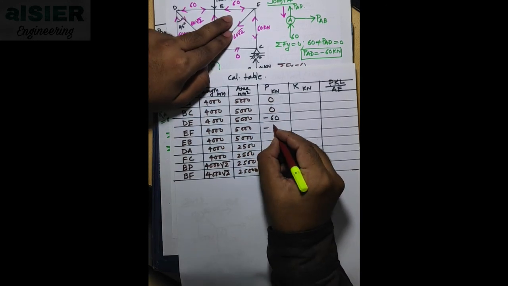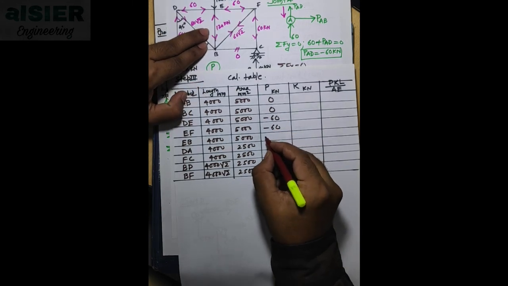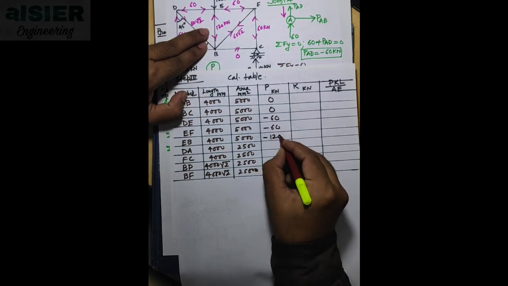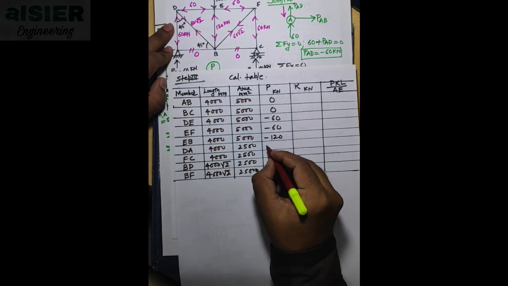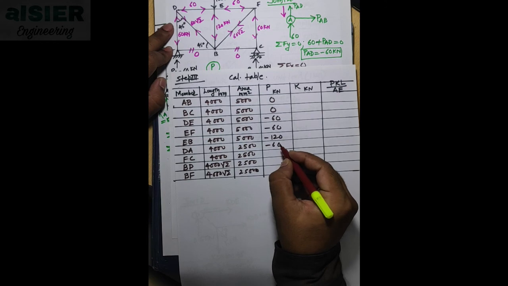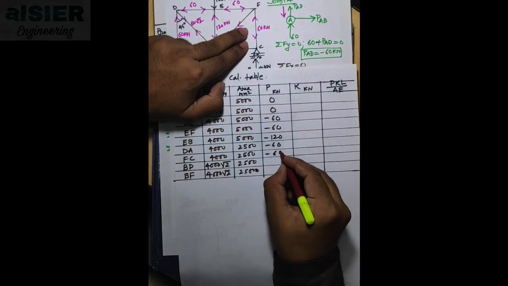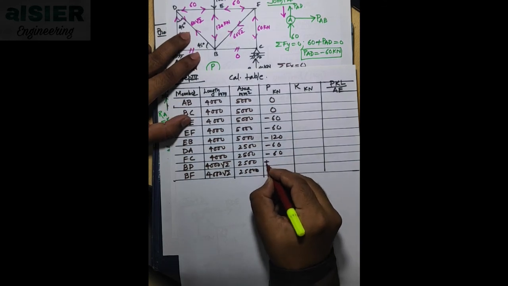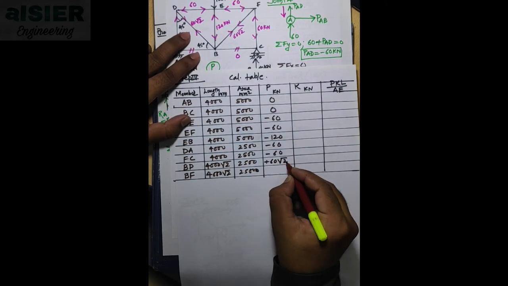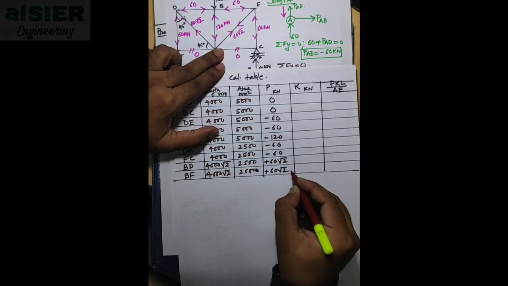Similarly EF minus 60. Then EB, away from the joint means compression, so minus 120. Then DA away from the joint, so minus 60, right? Then FC away from the joint, so minus 60. Then BD, it is toward the joint, therefore plus 60 root 2, and similarly this has plus 60 root 2.